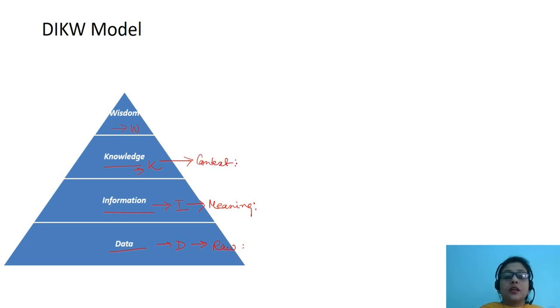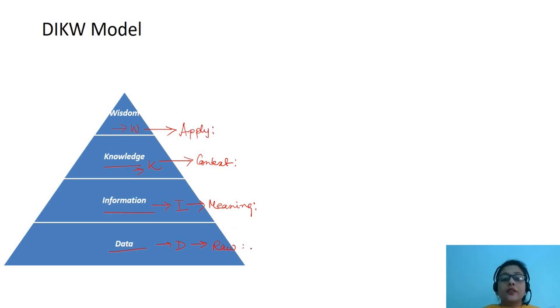So this is the context. And lastly, at the top of the pyramid, we have wisdom, which is basically how we apply this knowledge to achieve this work. So this is apply.